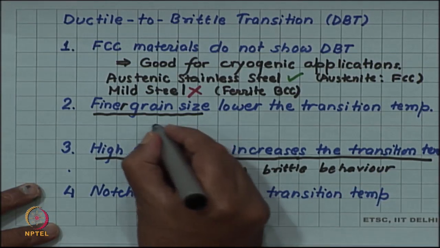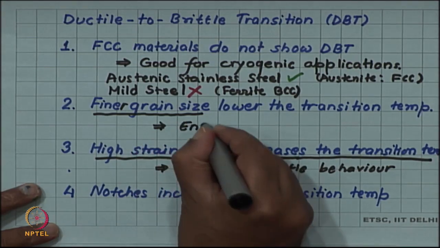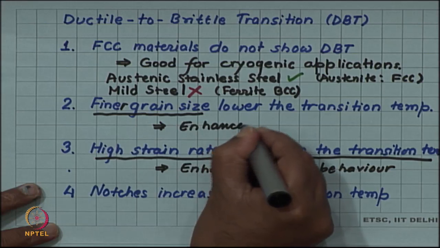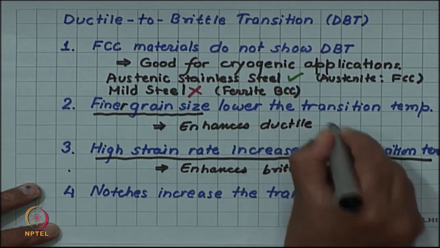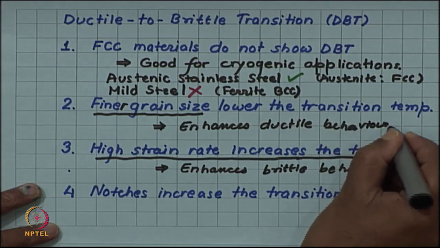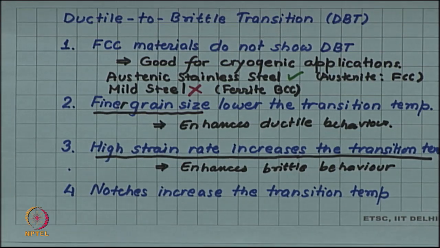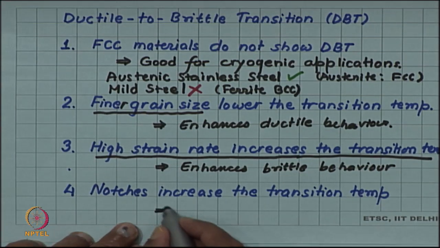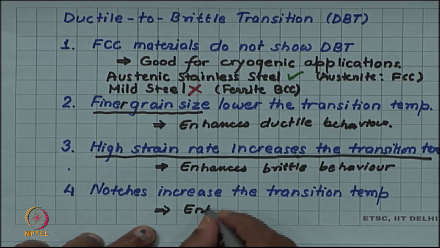In a similar vein, if we go back, we write here that this enhances ductile behavior. And if notches are present in the material, that also increases the transition temperature, that is, it enhances brittle behavior.